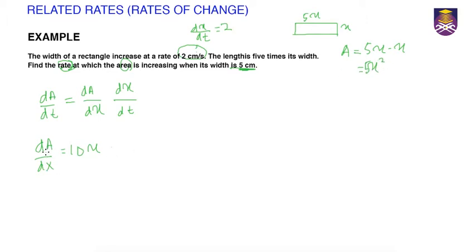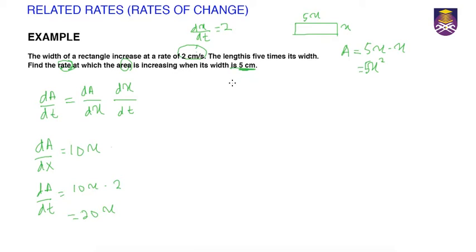Okay, so we know our dA over dx. We want to find dA over dt. dA over dt is equal to dA over dx, 10x, times dx over dt. dx over dt is given here as 2, so 10x times 2 is equal to 20x. Alright, and the question asks to find the rate at which the area is increasing when its width is 5 cm.